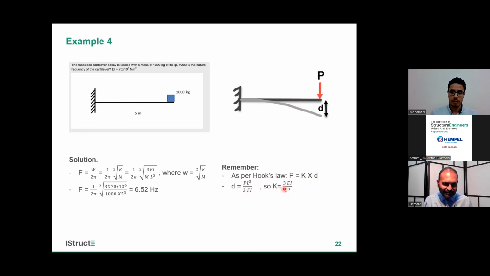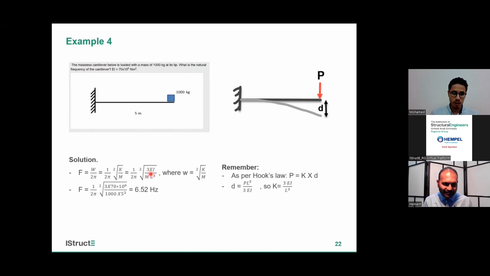So K will have this value. And the frequency is equal to omega, the angular velocity, over 2 pi. We will just replace omega with the square root of K over M, and we will have our final rule that we will put our numbers in.